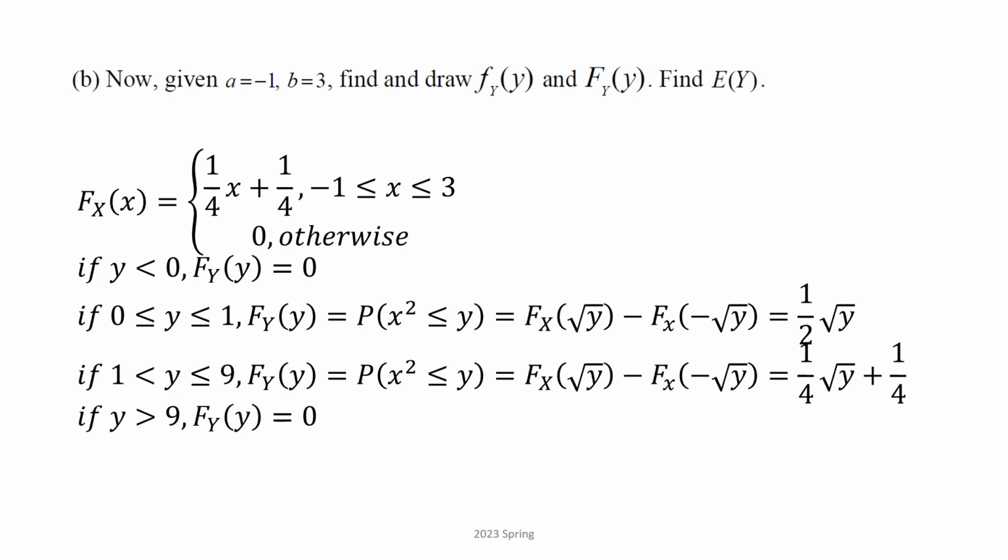So given a and b, we can calculate that little fx equals 1 over 4 if x is greater than or equal to -1 and x is less than or equal to 3, and it equals 0 otherwise.